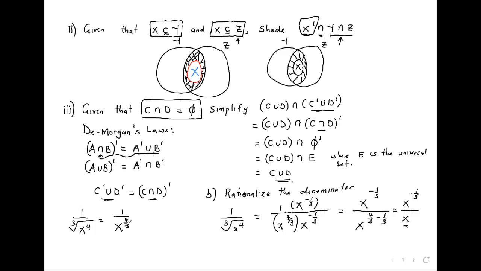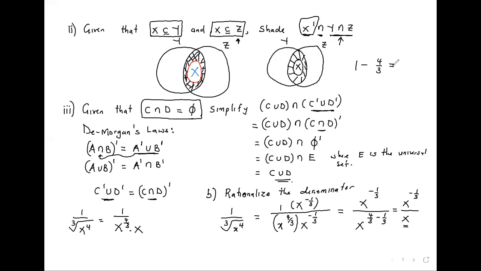When they say rationalize, they mean get rid of the powers of x or make the power of x 1 in the denominator. So you're looking for an x that when you multiply here and add the powers, the power of x will be 1. The easiest way of doing that is you get the existing powers of x and subtract from 1.